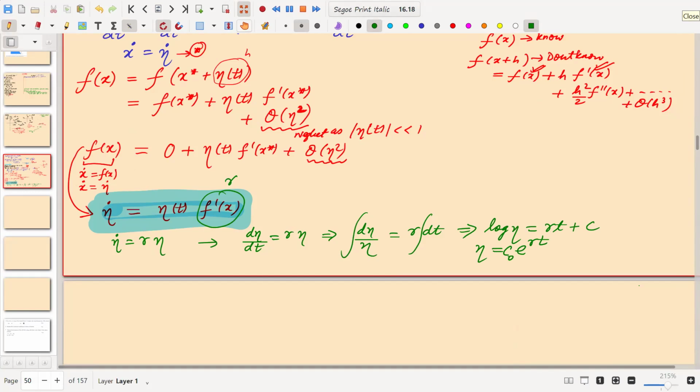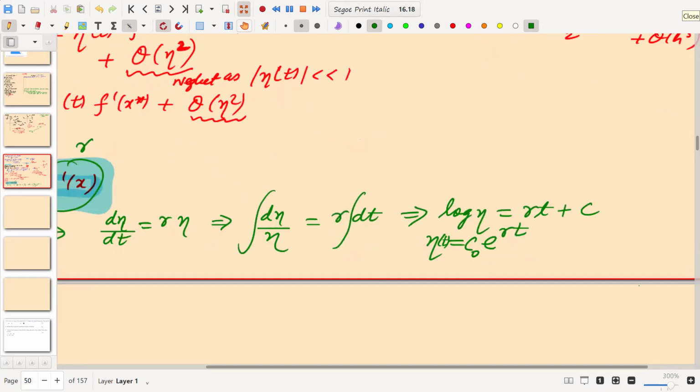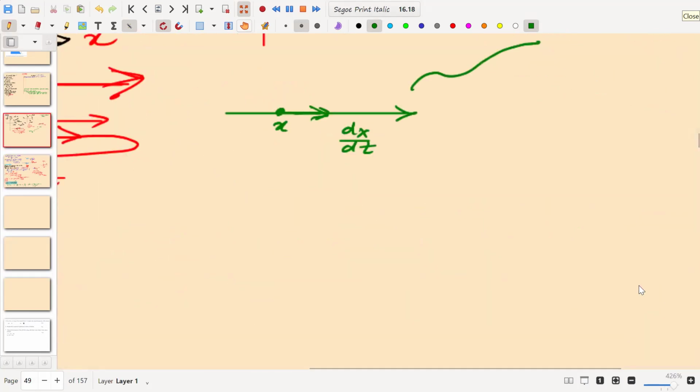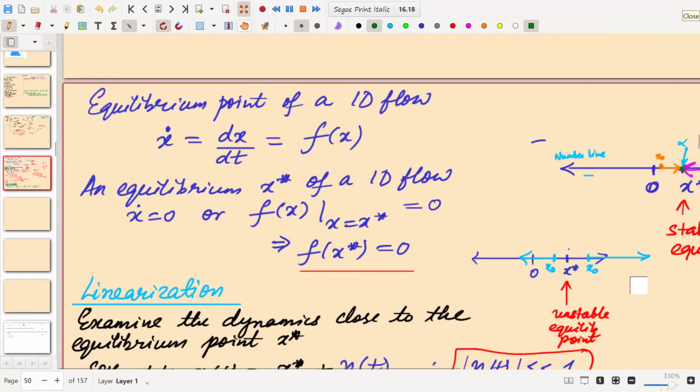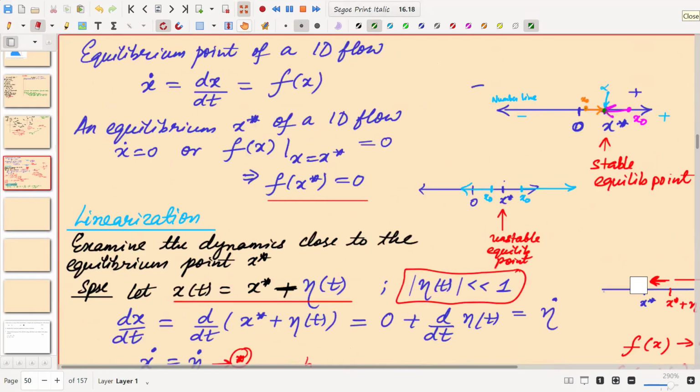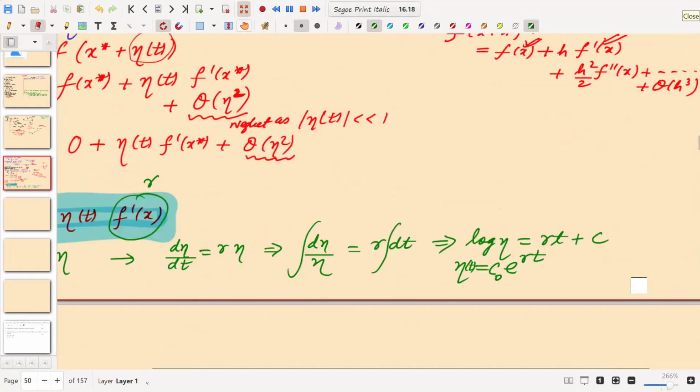The perturbation eta of t increases or varies in an exponential way, but all is depending on r, isn't it? Can you see this? Are you able to understand this?